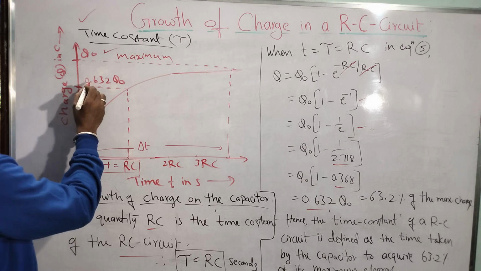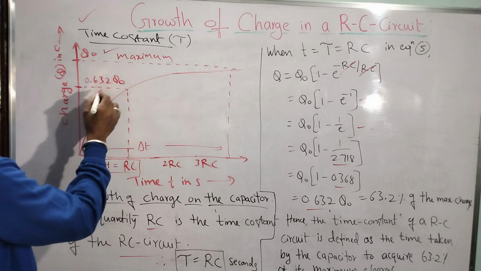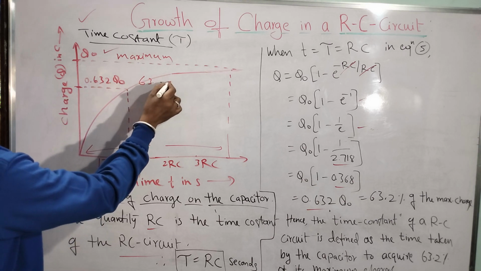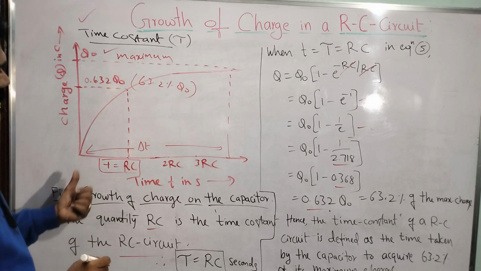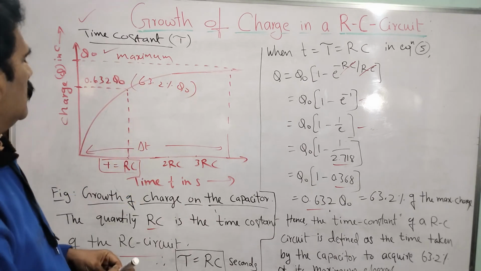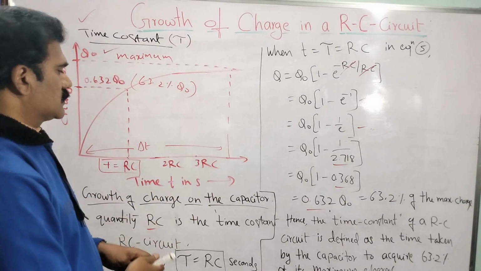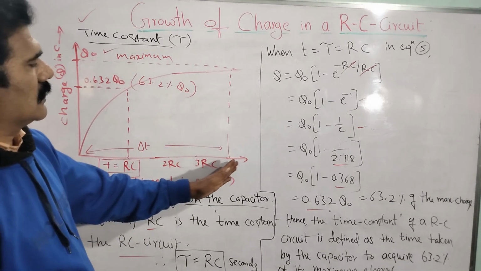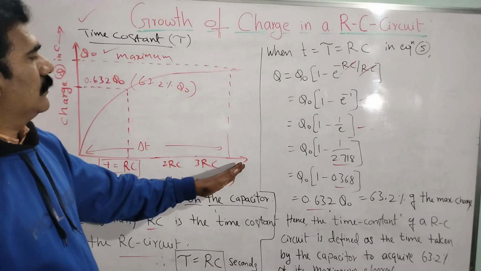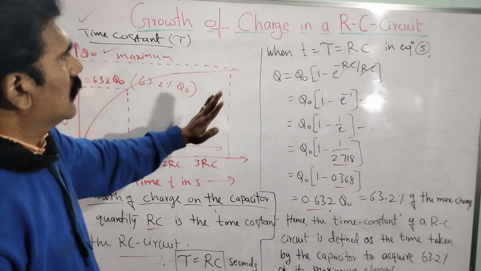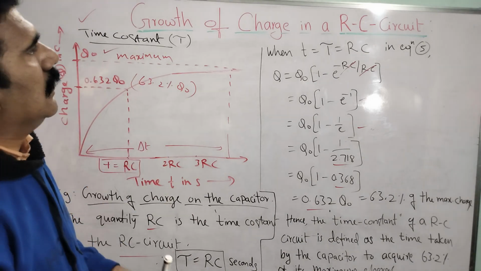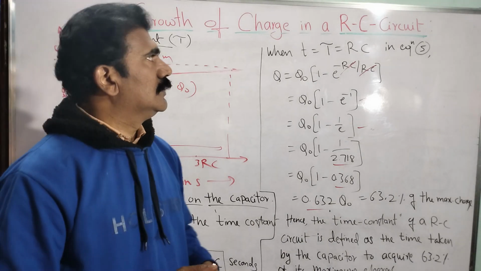So 0.632 times Q naught, or 63.2% of Q naught, you can say, at the time constant value. Further, as time lapses, almost 5 times RC time will make the charge accumulate to the maximum value. So that is all about the growth of charge in an RC circuit.